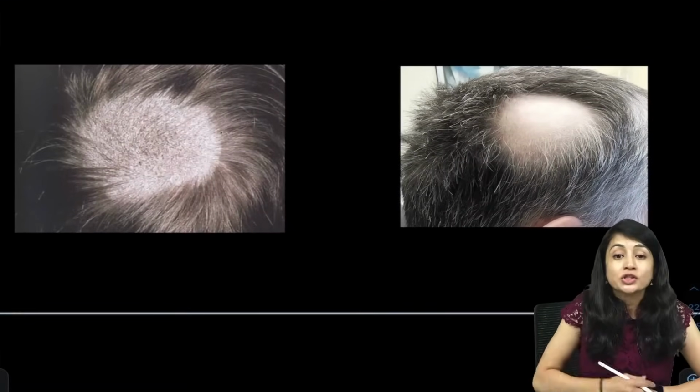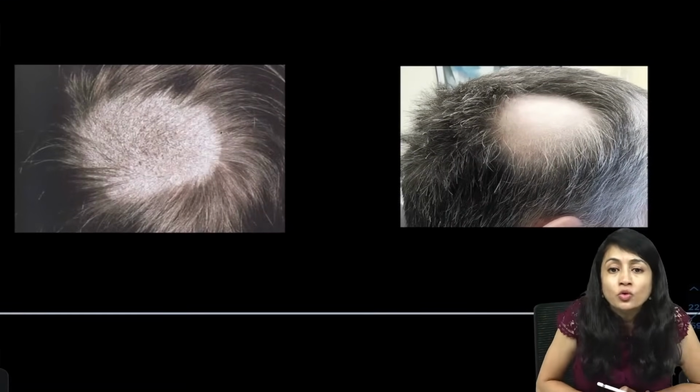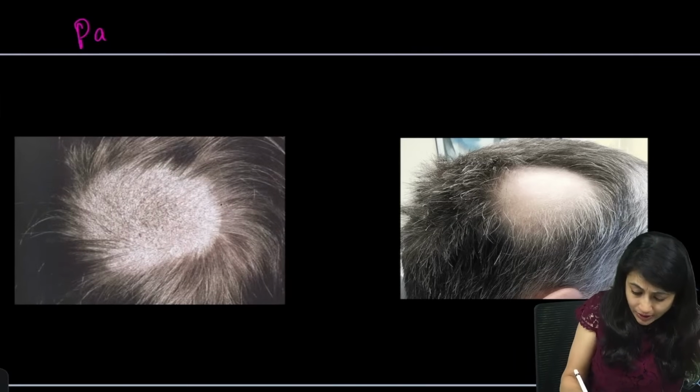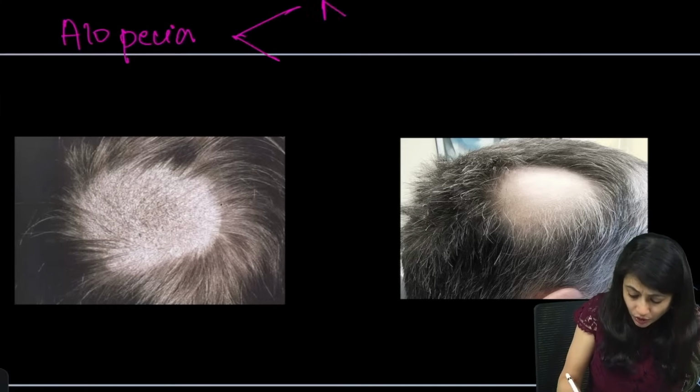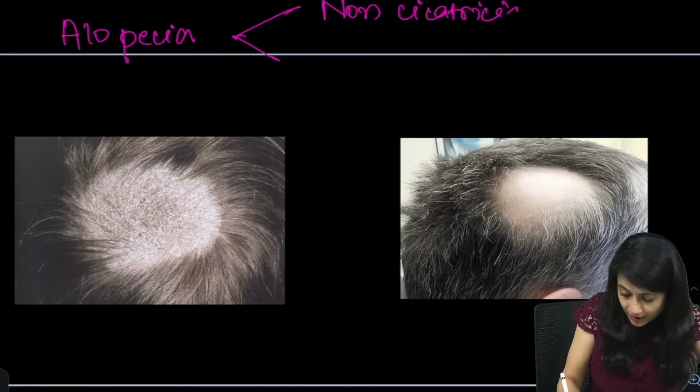You are given a child usually who presents with loss of hair in a particular patch. There is a patchy alopecia that you see. Now quickly, before I move on to patchy alopecia, we broadly divide alopecia into two, non-cicatricial and cicatricial.